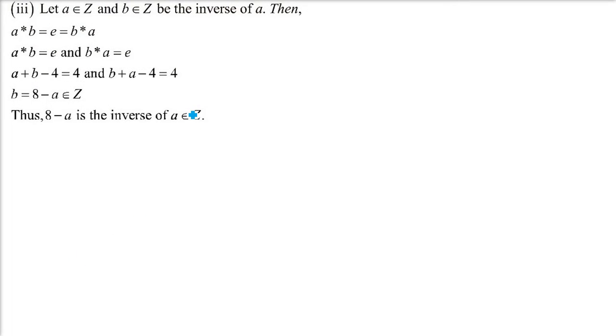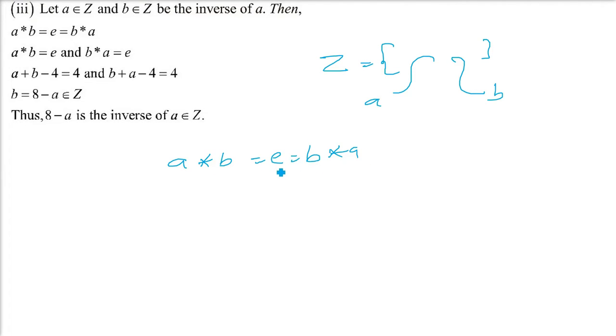Now we have found the identity element. Find the invertible elements in Z. So we have to find out the inverse now. You take A, B from here. A star B and B star A, whichever you do, you need to get E back. A star B is A plus B minus 4, and you should get E, which we just found is 4. So A plus B minus 4 equals 4, so A plus B equals 8.